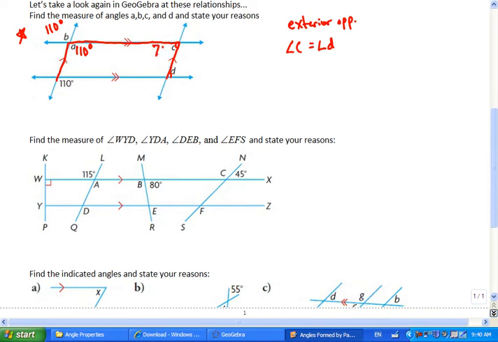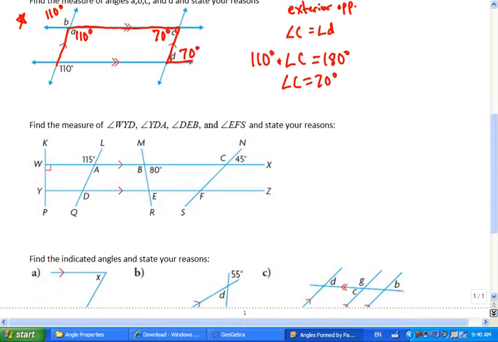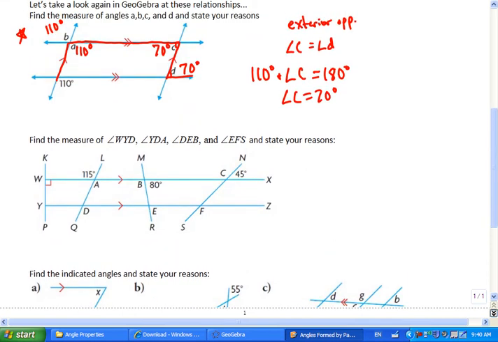That would have to be 70 degrees in the middle, because 110 degrees plus angle C is 180. So angle C is 70. And we've already said that angle C and D are the same because they are a Z or alternate interior angles. Good. Okay, so that was our kind of warm-up one.